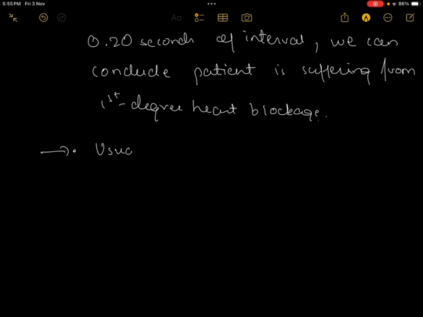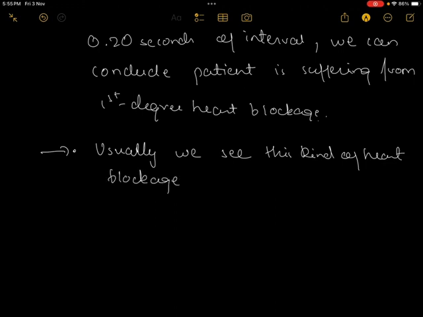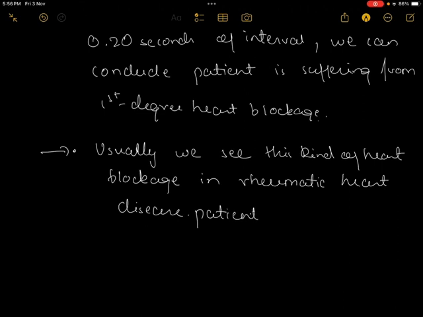Usually we see this kind of heart blockage in rheumatic heart disease patients. So this is about the first degree blockage.